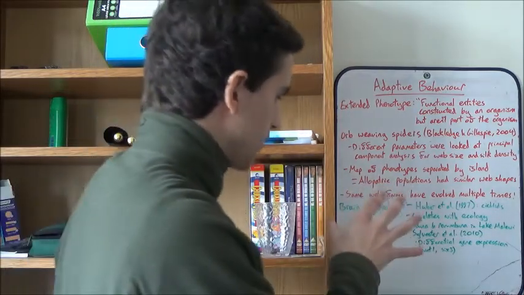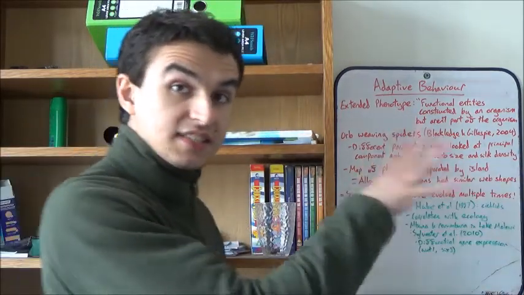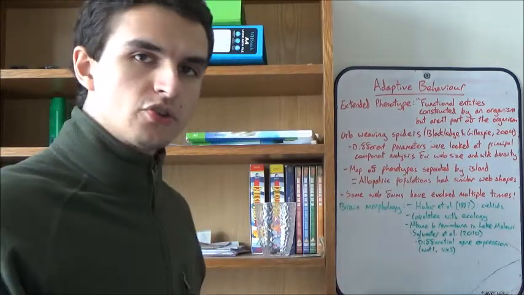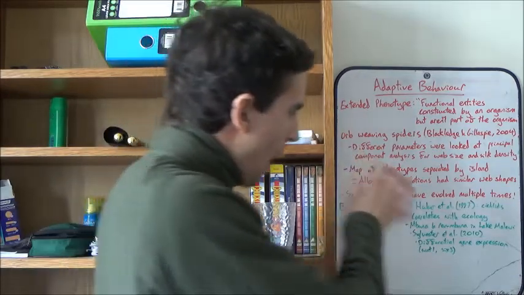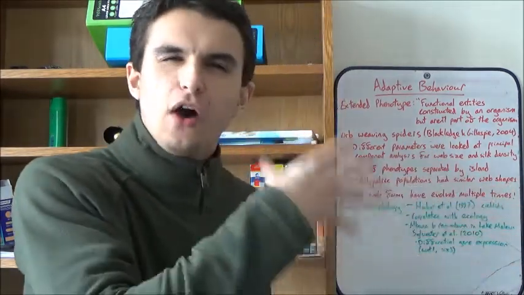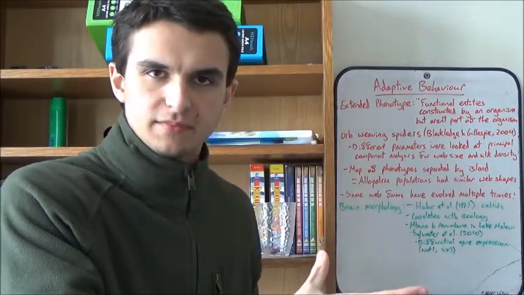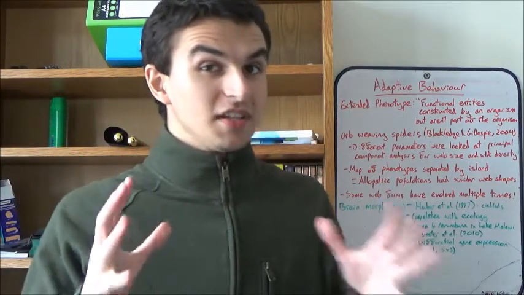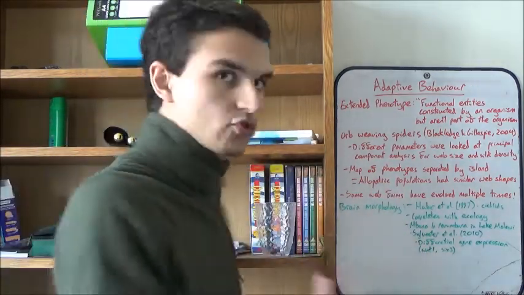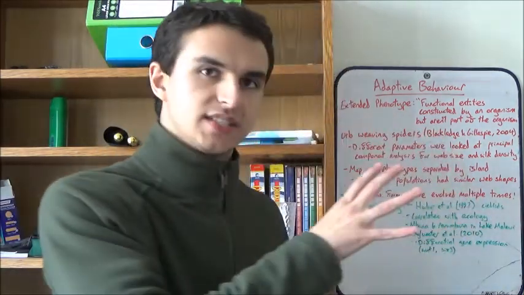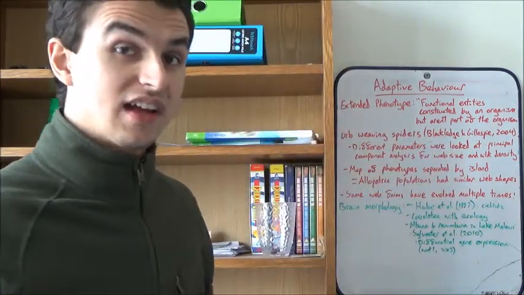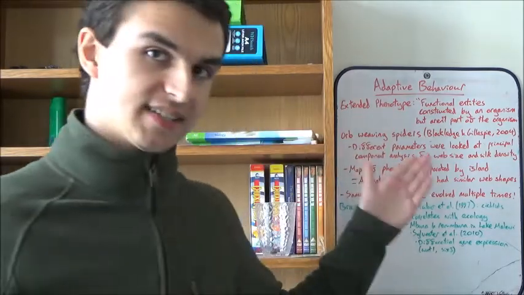And if you look at these web types and you relate them to the species of spider that produces them, you can create a phylogeny. And what you see is that the same web forms have evolved multiple times. This provides a pretty big hint that there's strong natural selection acting on these extended phenotypes. So it's very much likely that there's a genetic basis to this.